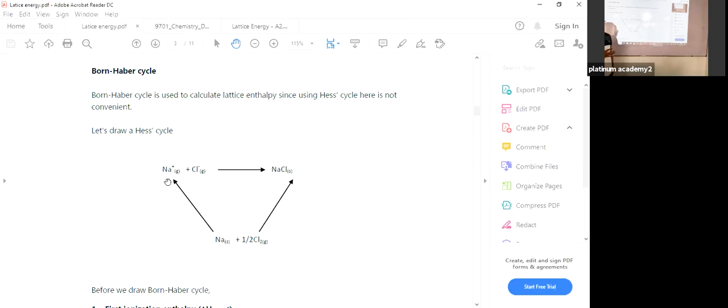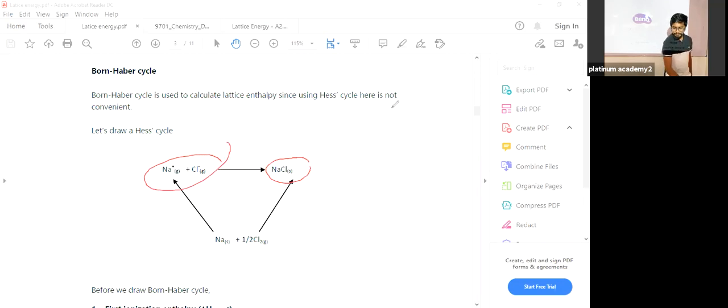Now we already have this equation where lattice energy is when gaseous ions combine to form 1 mole of ionic lattice. So 1 mole of ionic lattice is formed from its gaseous ions.